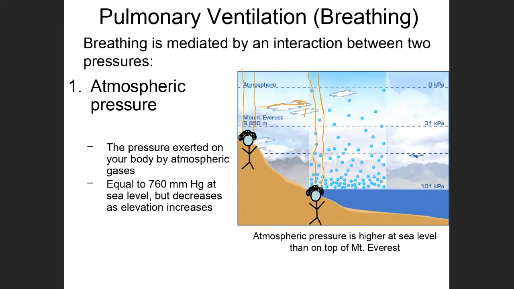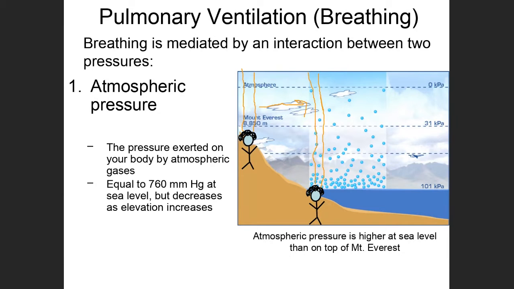But the other thing that you'll notice is that most of the air molecules tend to stay at lower elevations. The reason for this is they're simply pulled there by gravity. So when you're standing on top of Mount Everest, atmospheric pressure significantly decreases because there's not as much air up there. There are not as many air molecules in the column of air above your head pushing down on your body.